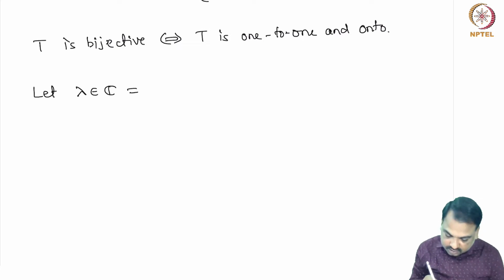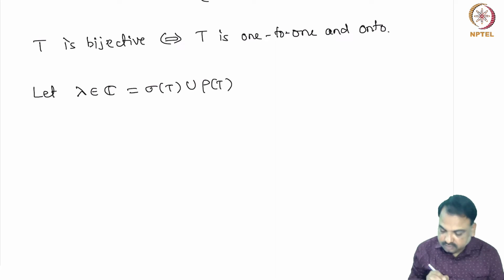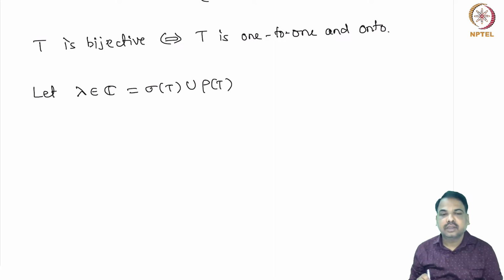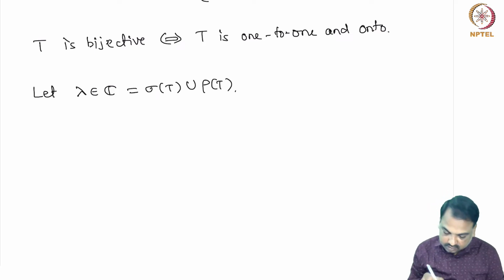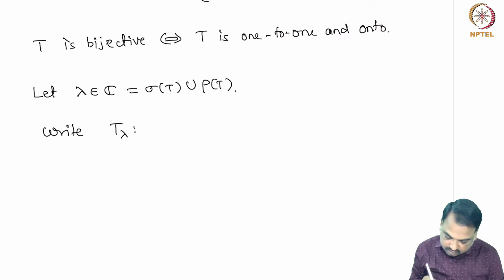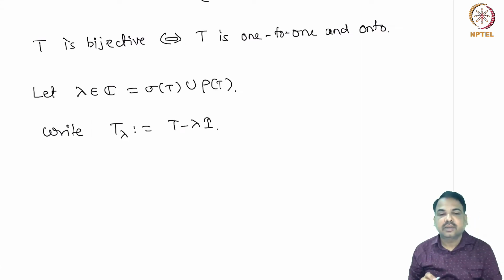Now C we can write as the spectrum of T union the resolvent of T. Given a complex number, how to decide whether it is in the spectrum of T or in the resolvent of T? Write T lambda as T minus lambda I. Now if T lambda is invertible, that is if T lambda is bijective, we can say that lambda is in the resolvent, otherwise it is in the spectrum.